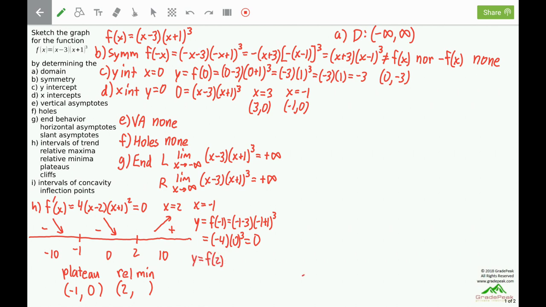Y equals f of 2, which will be 2 minus 3 times 2 plus 1, and then quantity cubed. 2 minus 3 is a negative 1. 2 plus 1 is 3 cubed. 3 cubed is 27 times the negative 1 will be a negative 27. So it has a corresponding y-coordinate of negative 27.